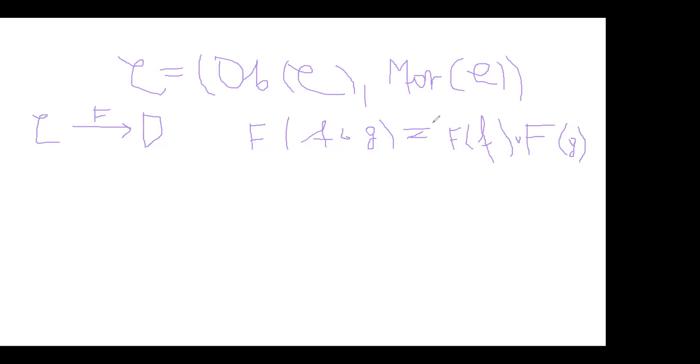So the space of all paths from V to W is the set of all morphisms from object V to object W. Okay? Well, because I have a path which has a beginning and an end, right? Then I suppose.